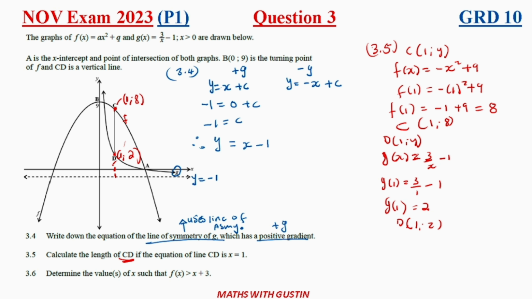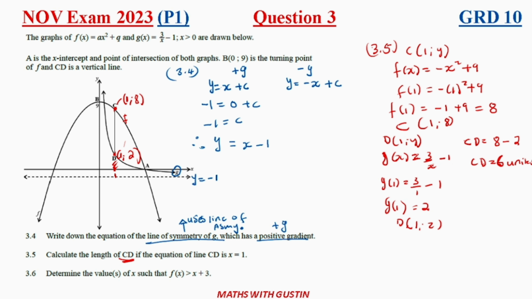So the length of CD is going to be equal to the y coordinate of C, which is 8, minus the y coordinate of D, which is 2. Therefore the length of CD is going to be equal to 6. Because they didn't give you the units, guys, you just have to say 6 units. That's how it's just going to be the difference between the two.